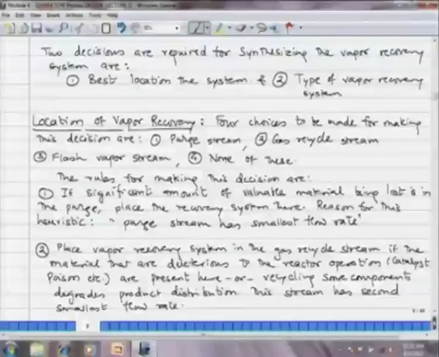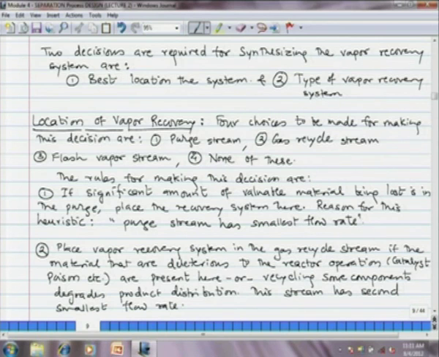If a significant amount of valuable material is being lost in the purge stream, then place the vapor recovery system in the purge stream. Okay. Another reason for this heuristic or thumb rule is that the purge stream has the smallest total flow rate. Remember that the vapor recovery system has to recover the solute vapor from non-condensable gas.